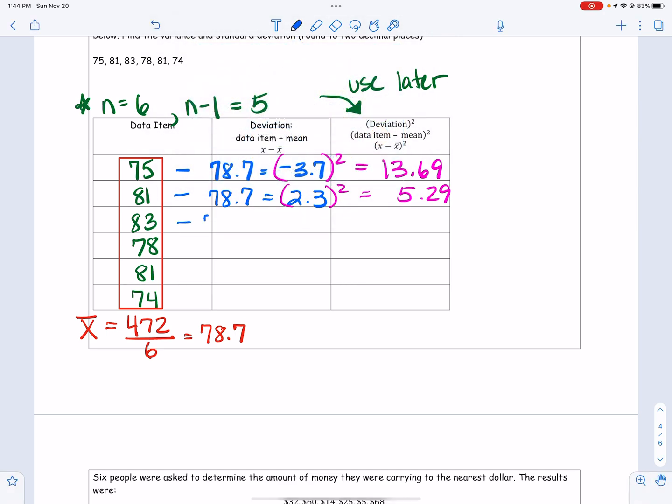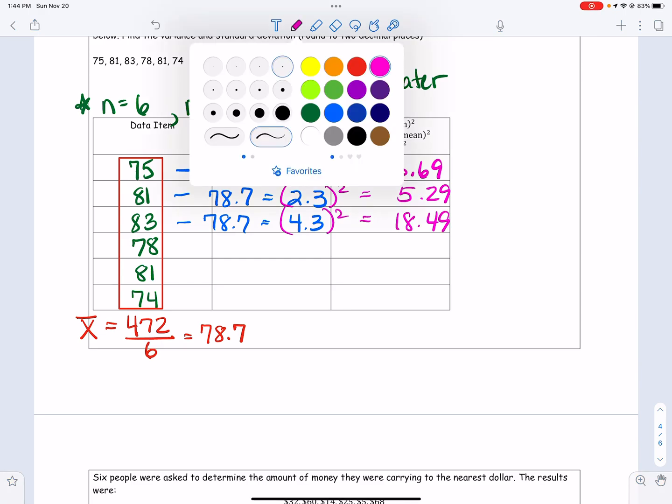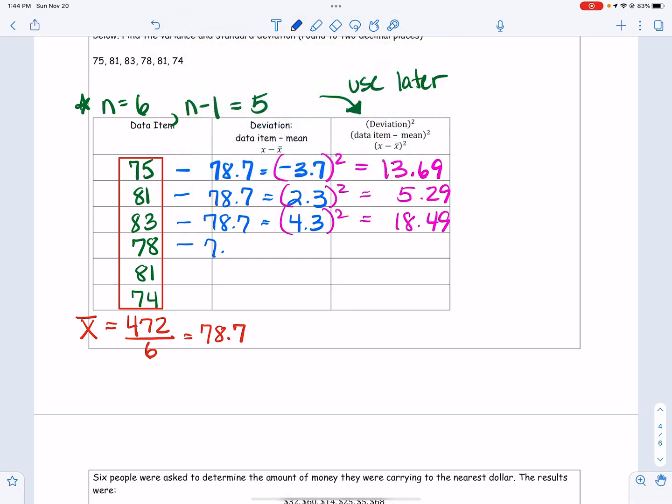So subtracting 78.7 from every data point, and then squaring that data point gives me 18.49. Minus 78.7 gives me negative 0.7, and then I square that, and that gives me 0.49.